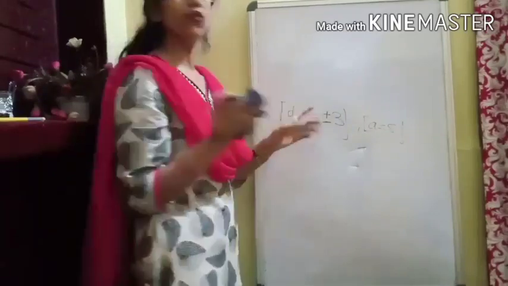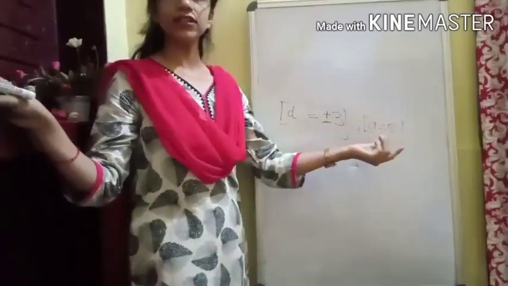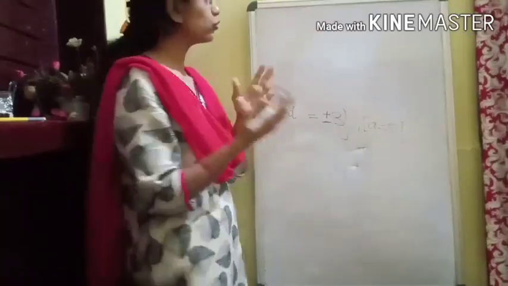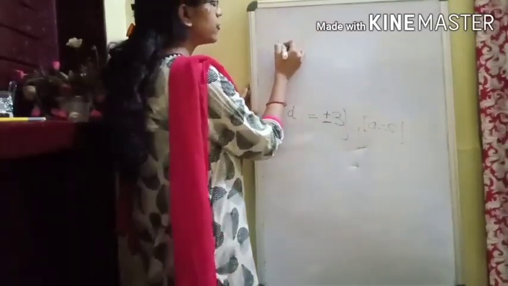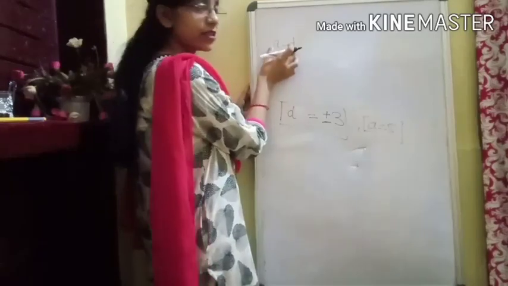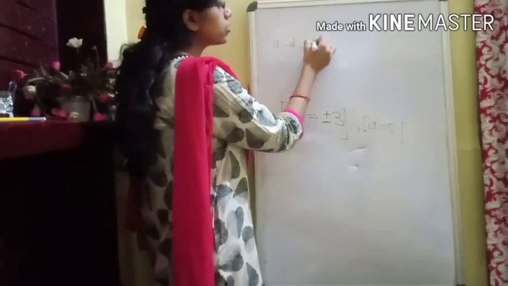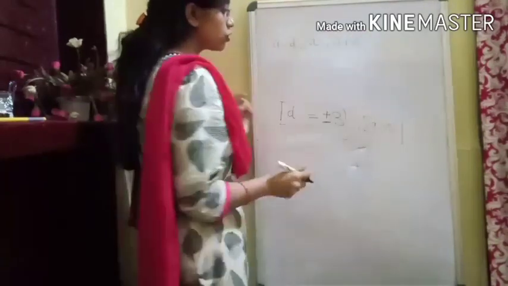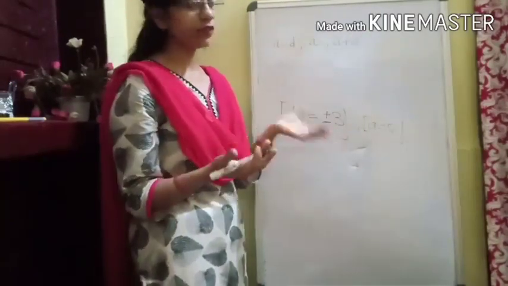Now since we know whether we can take plus 3 or minus 3, now we have to write the AP as well. So which three terms we have taken? If you remember, we have taken first term as a minus d, second term as a, and the third term as a plus d. So we are going to put the values and calculate.